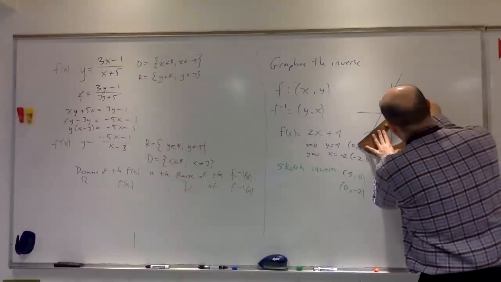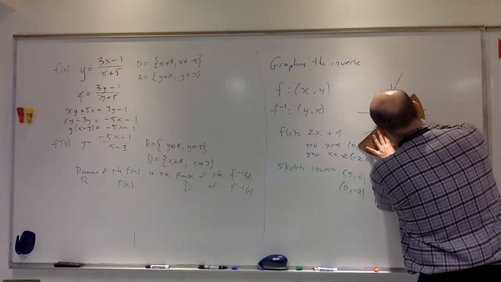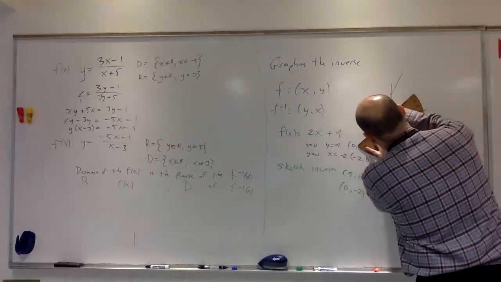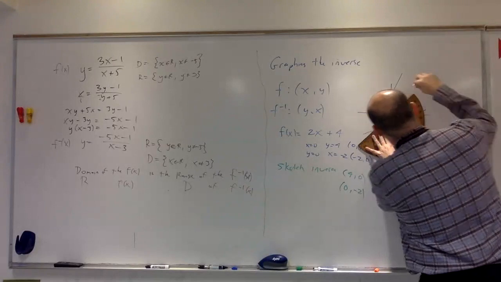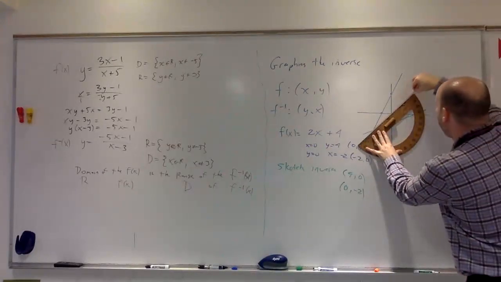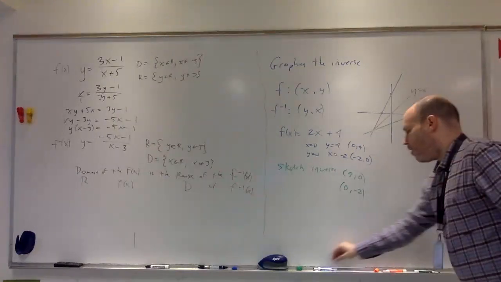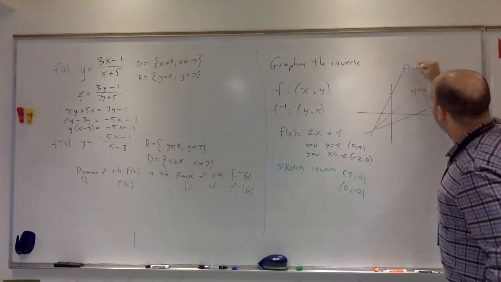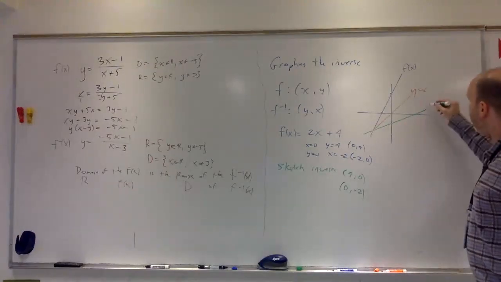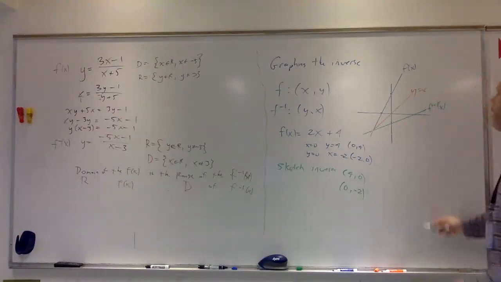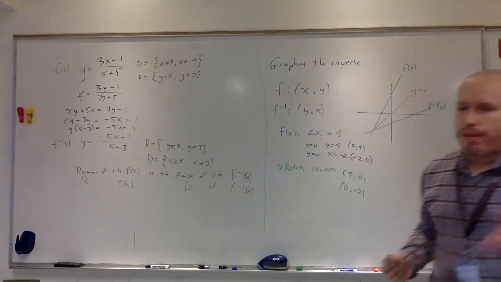And you can kind of do that yourself. Right here, I drew the line y equals x, and lo and behold, this was the function. This is the inverse, and they're reflections through the line y equals x.